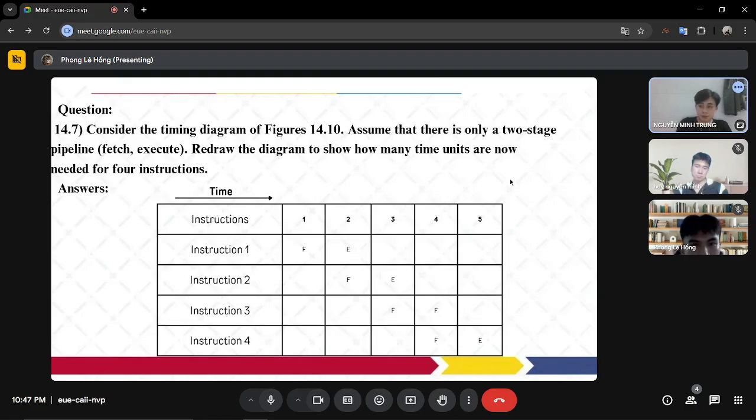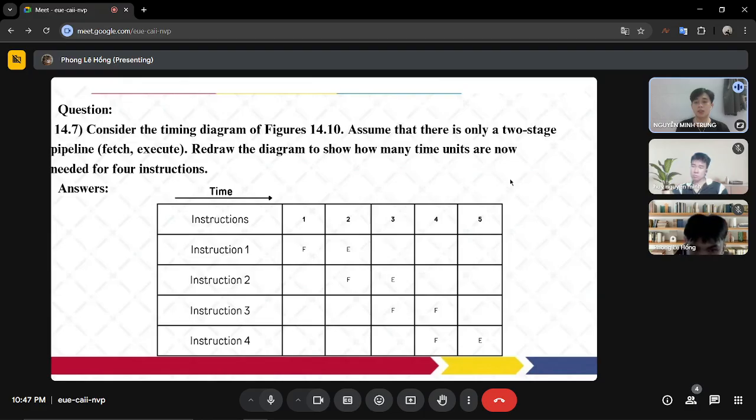Question 47. Consider the timing diagram of figure 10. Assume that it has only a two-stage pipeline, fetch and execute. Redraw the diagram to show how many times you now need for the instructions. Here we have a table with instructions 1, 2, 3, 4, 5.